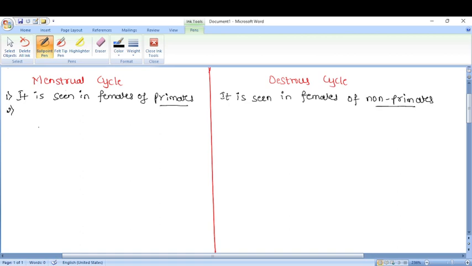Next, second difference. The menstrual cycle occurs in continuous breeders, whereas the oestrus cycle occurs in seasonal breeders.